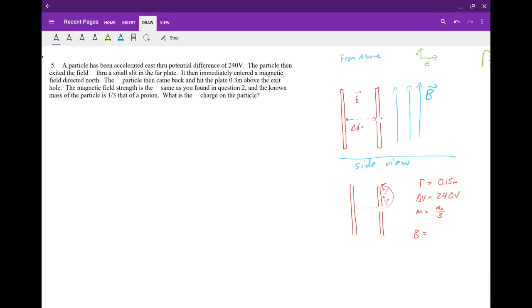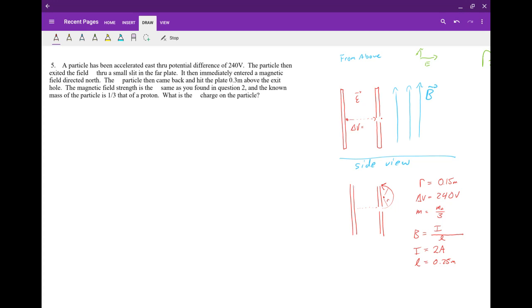Going back to question 2, that was a coil that had 2 amps running through it, so I is 2. The length of the coil was 25 centimeters, so 0.25 meters, and that goes here.